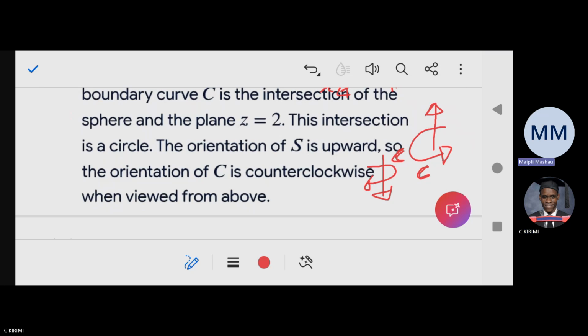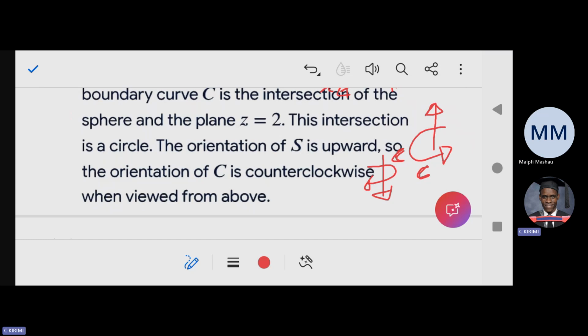Where the thumb is facing upwards, isn't it? Right hand rule. The direction of the other fingers will be anti-clockwise, which is counterclockwise.